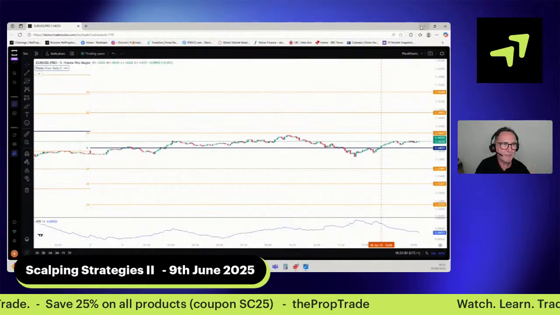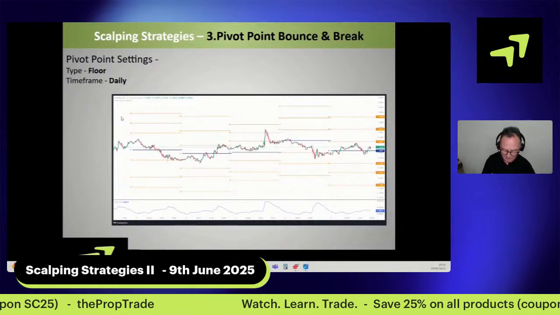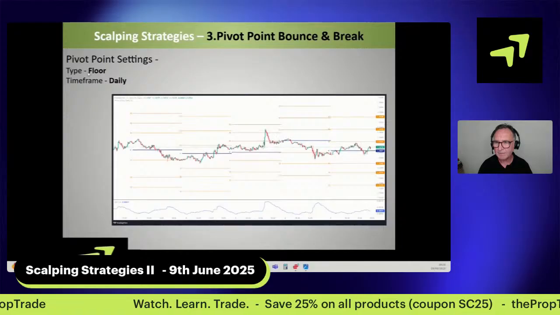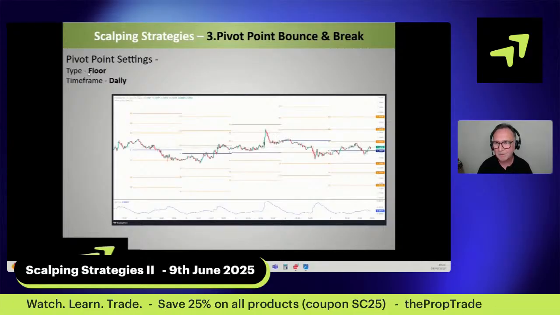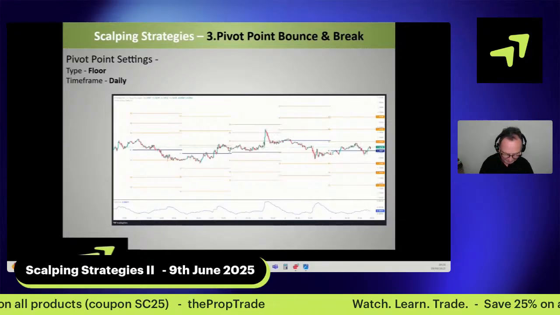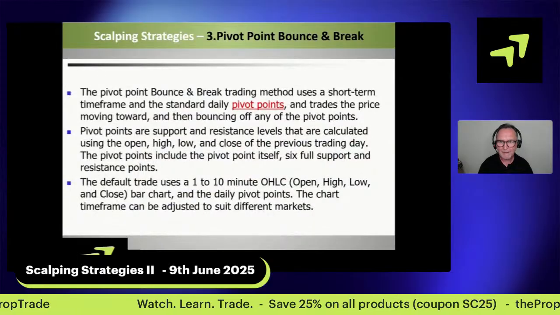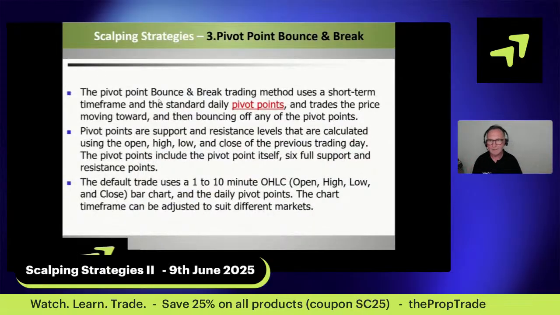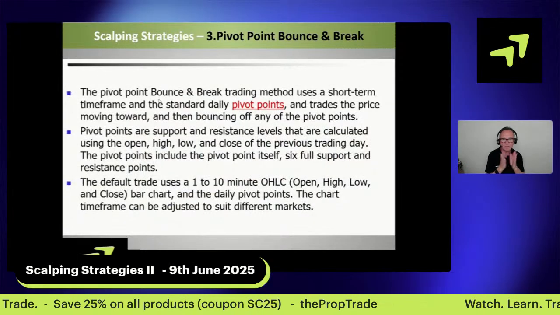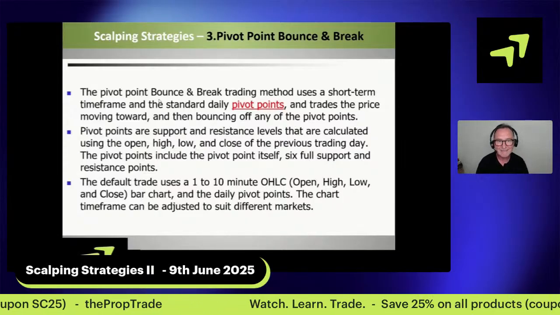Let's go back to the slides and look at the rules of the setup. As I said before, the type of pivot point is the floor, and the time frame is the daily, and this is what it will look like on your chart. So let's go back to the first slide here. Pivot point bounce and break uses a short-term time frame, i.e. the 5 minute or 1 minute, and the standard daily pivot points.